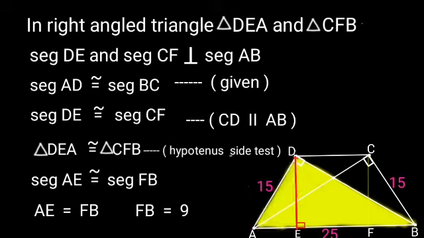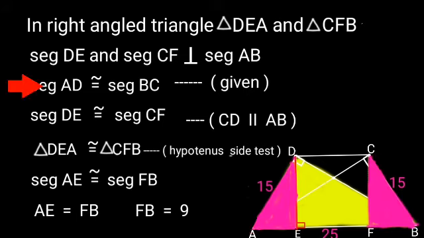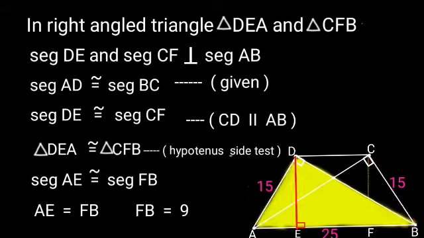In right angled triangle DEA and triangle CFB, segment DE and segment CF are perpendicular to the segment AB. Segment AD is congruent to the segment BC, that is our given.